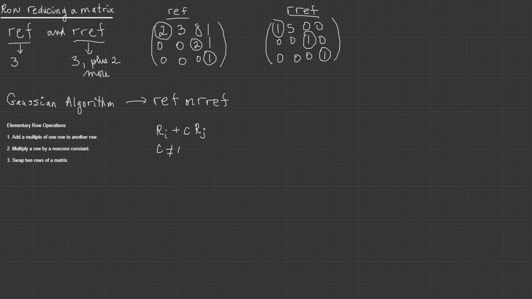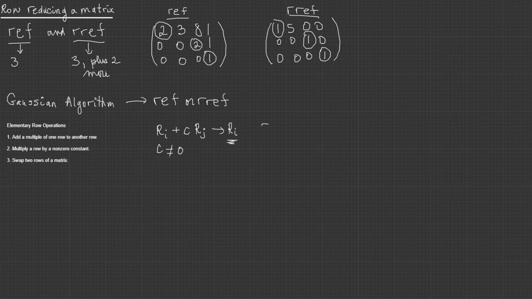And c here is a non-zero constant. So what this is saying is that we're going to take our row j and multiply that by some non-zero constant. Then we're going to take that result and add it to our other row, and then put it back into that row.